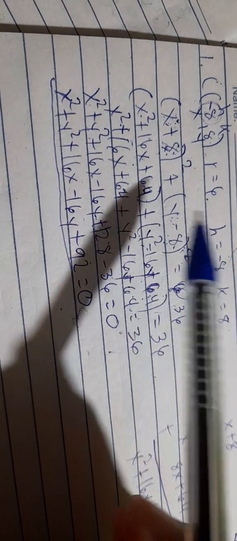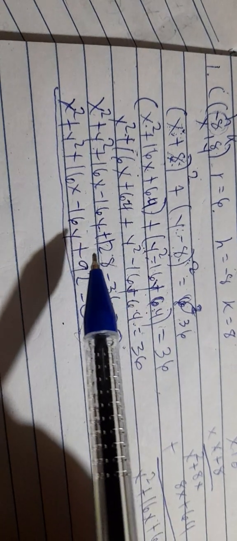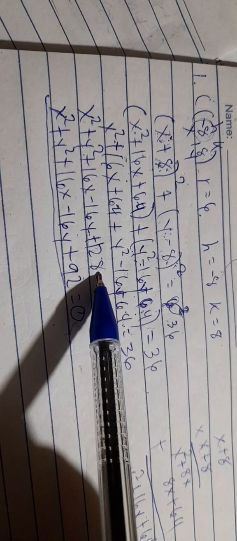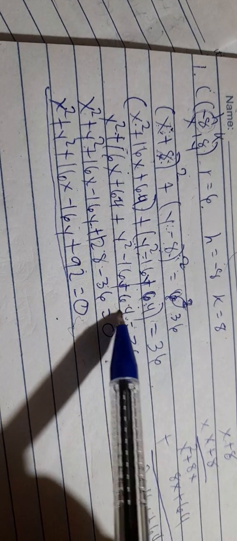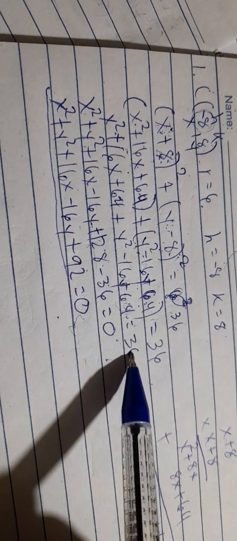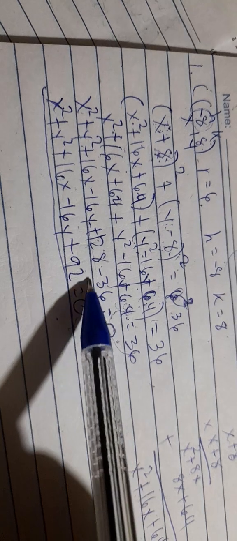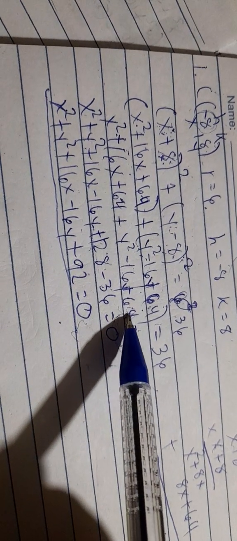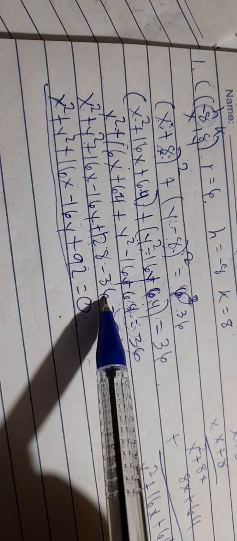It's like a polynomial equation: degree 2, degree 1, then the constant. Then the reason I got the 128 here is because 64, the last one on the x, plus 64, the last one on the y, equals 128. Then the 36 moves over to this side, but it becomes negative. It changes sign whenever you cross the equal sign, so it becomes negative 36.